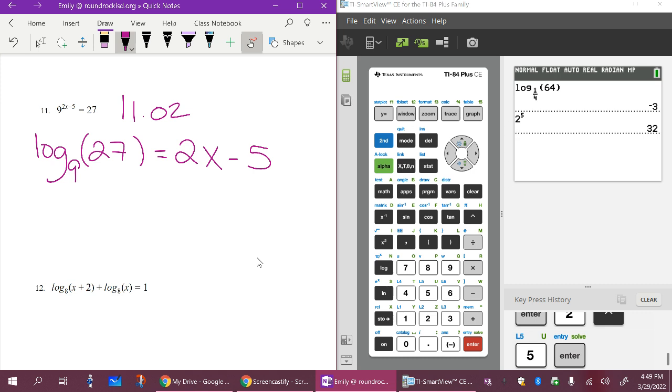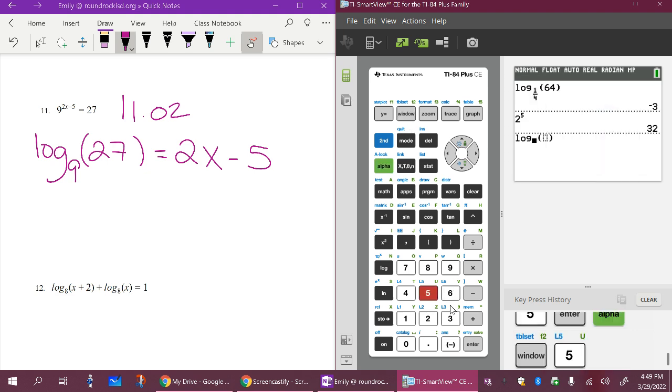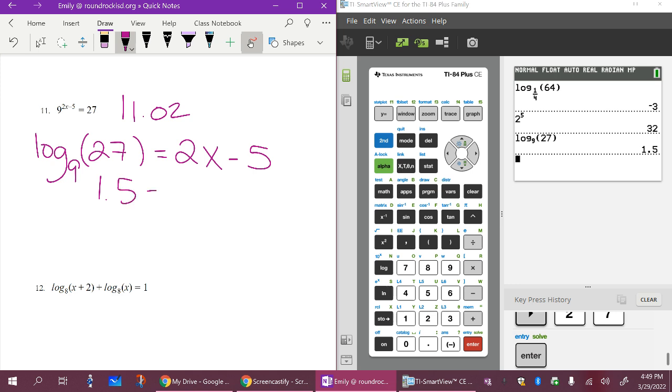So log base 9 of 27 is 1.5 plus 5 and divided by 2.